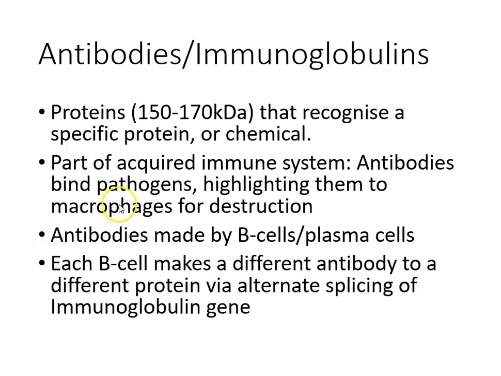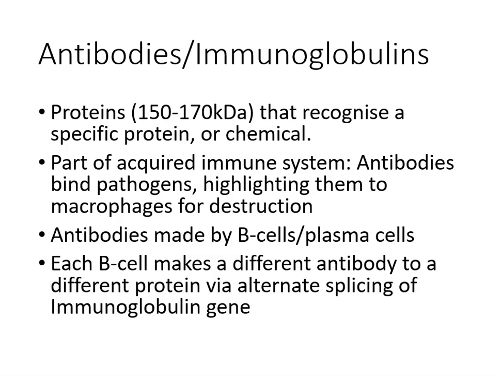This will highlight that foreign thing for destruction by macrophages or other aspects of the immune system. Now, the cells that make antibodies are our B cells, and they mature into what we call plasma cells. And these are little antibody factories. They churn out vast amounts of antibodies.